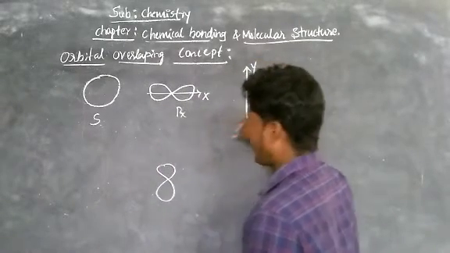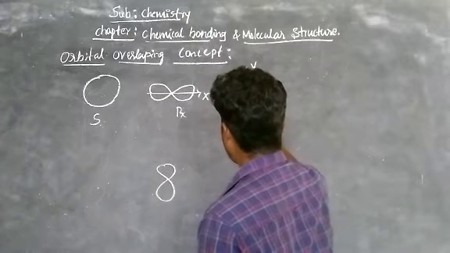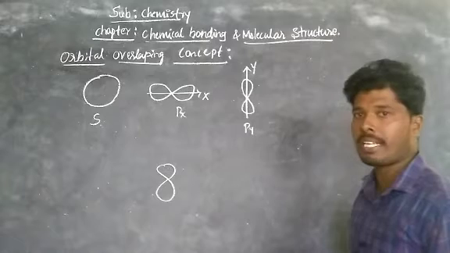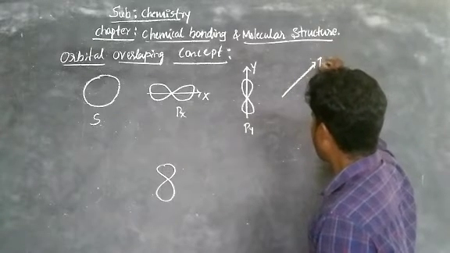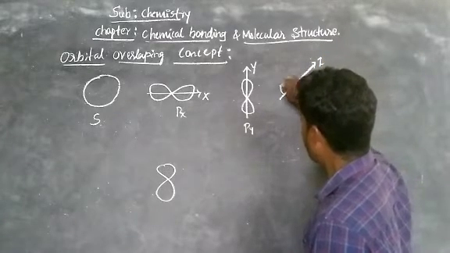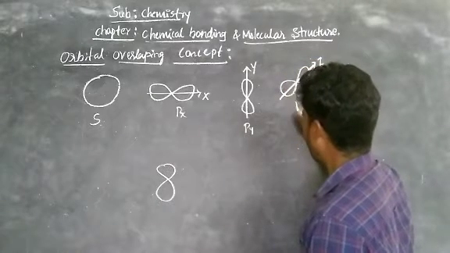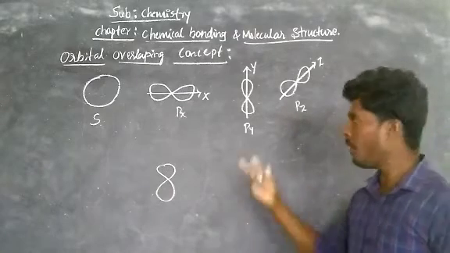We are writing vertical, this is horizontal. This orbital is present on the y axis, we call it py. Between these two there is a z axis, right? Let's take this as the z axis. Now the orbital present on the z axis, we call pz orbitals. These are the three p orbitals.